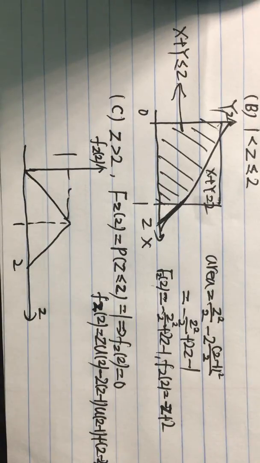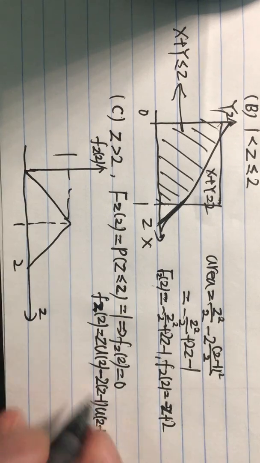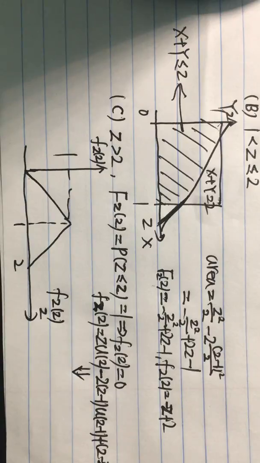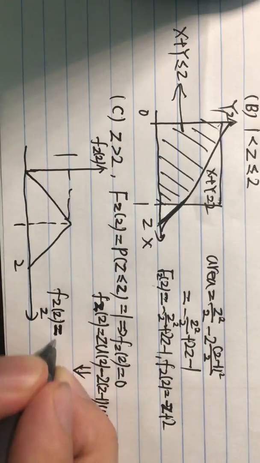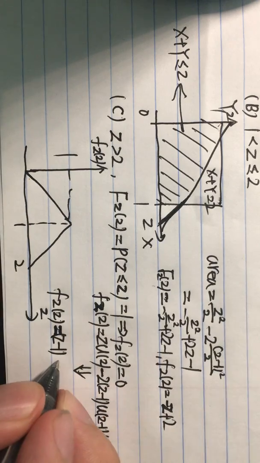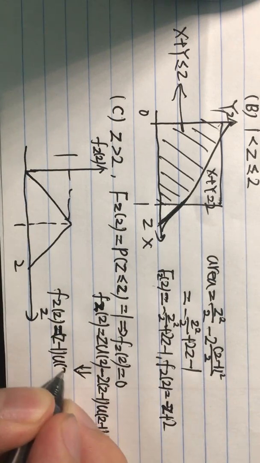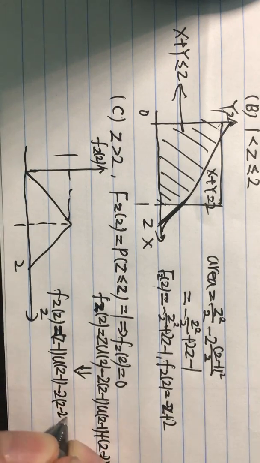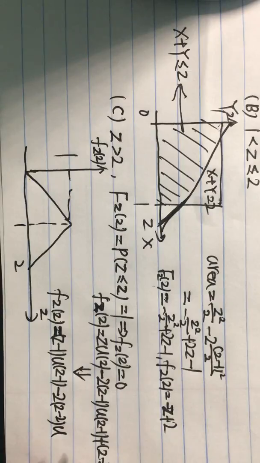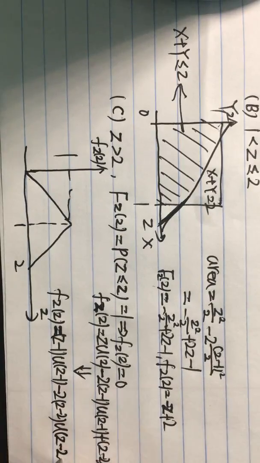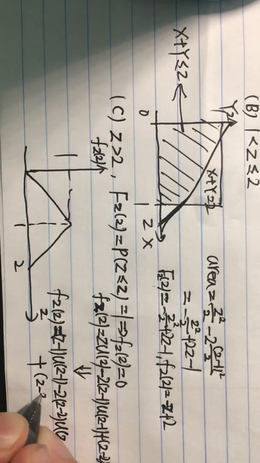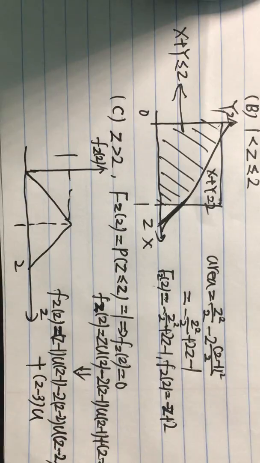But don't forget, we need to shift this to the right side by 1. So the density function of z equals z minus 1 times step function z minus 1, minus 2 times z minus 2 times the step function z minus 2, plus z minus 3 times step function z minus 3.